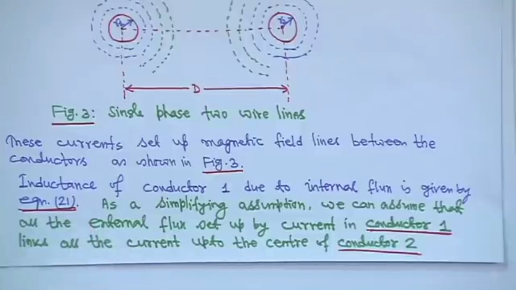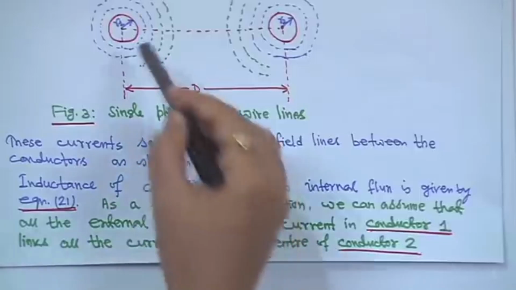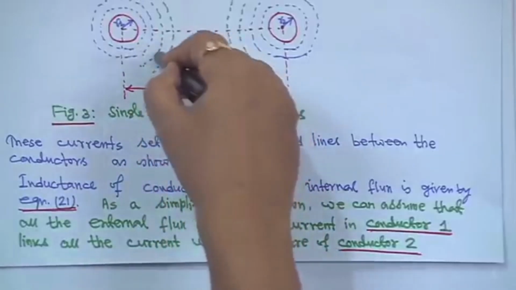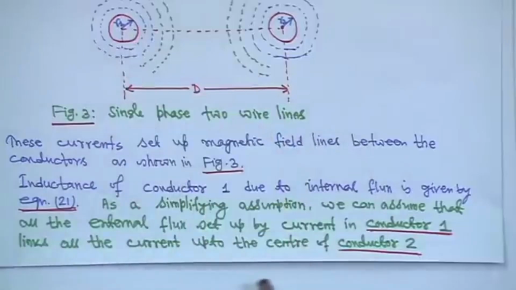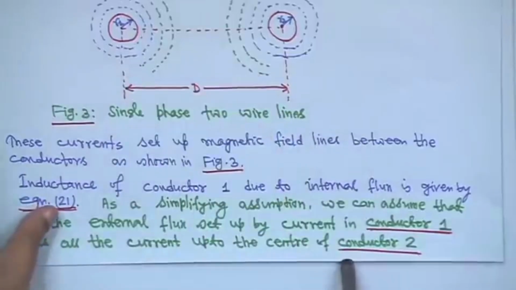As a simplifying assumption, we can assume that all the external flux set up by the current in conductor 1 links all the current up to the center of conductor 2.